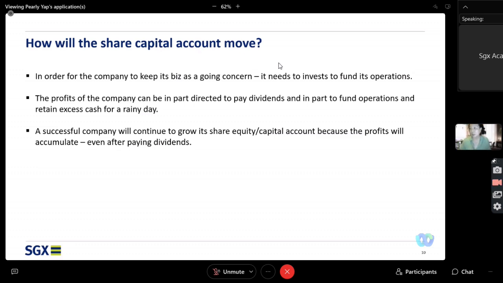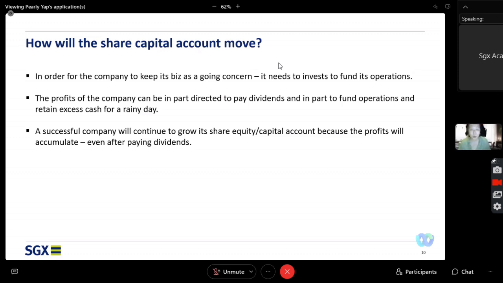The share capital account moves when you raise capital from the market, whether as an initial IPO or future raisings, and also in terms of the profits of the company that are accumulated after paying dividends. Okay, can you remember that? Your accumulated profits of the company after paying dividends and the equity that is contributed by your shareholders. So this is how the share capital account moves.